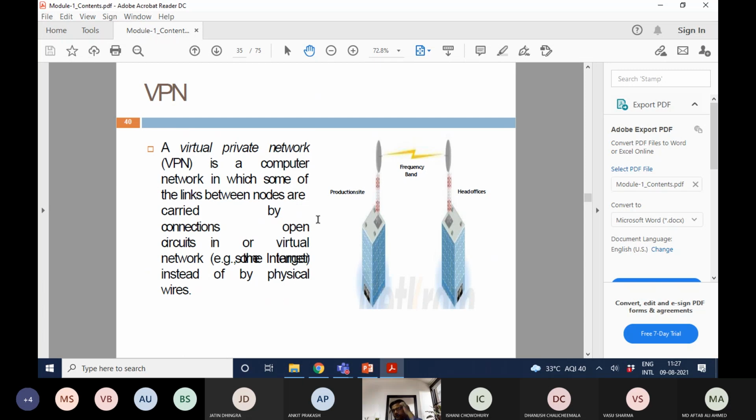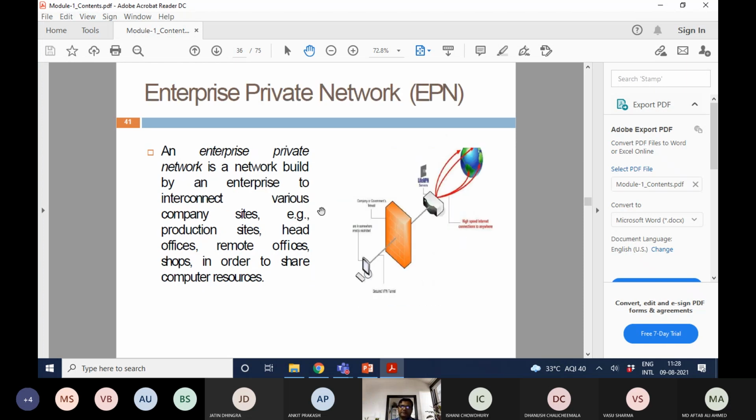One network will be created virtually, instead of by physical wire. In physical wires we differentiate that this is one LAN, that is a different LAN. But virtually we create groups, and we can tell that this is one private network, this is another private network. That kind of network is called a virtual private network or VPN.